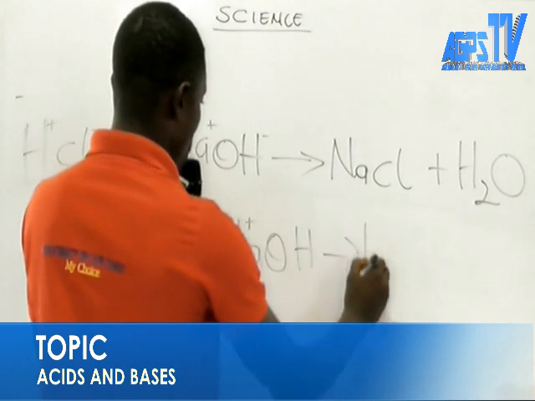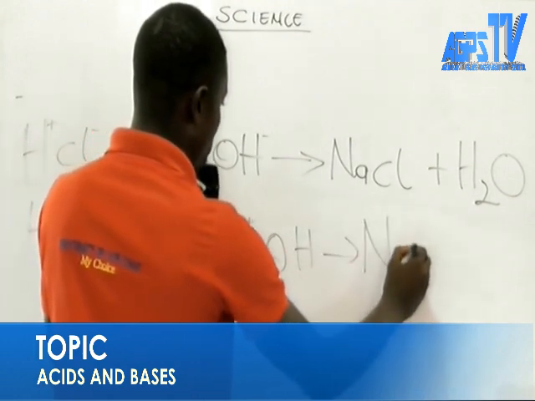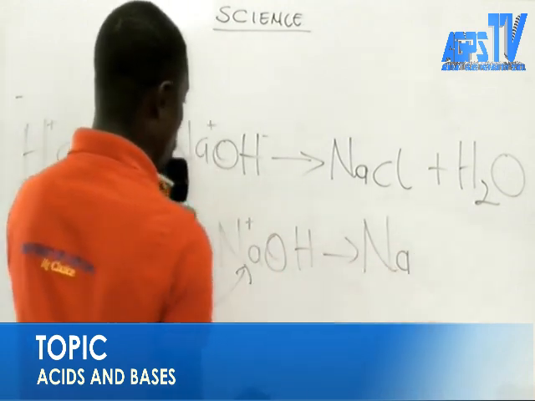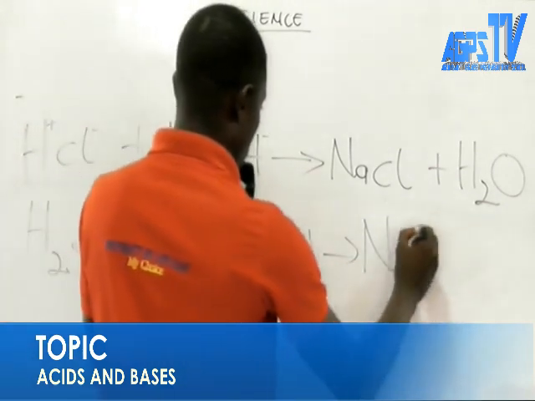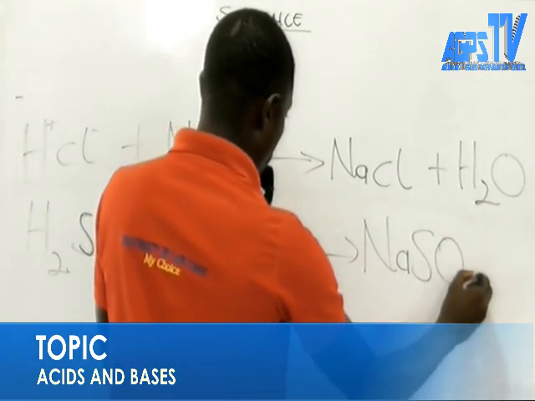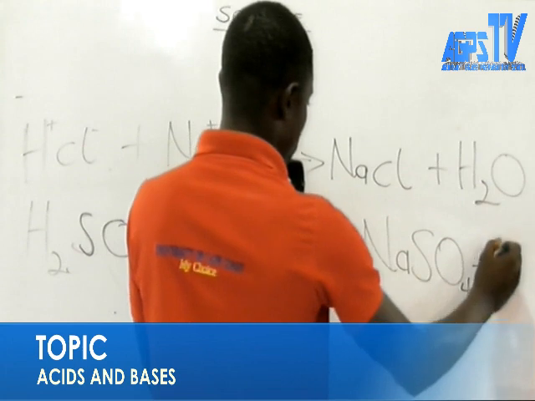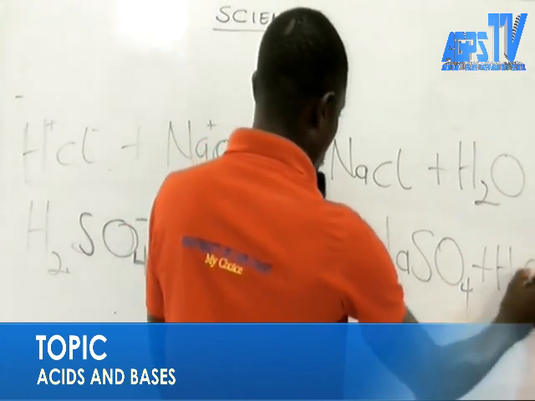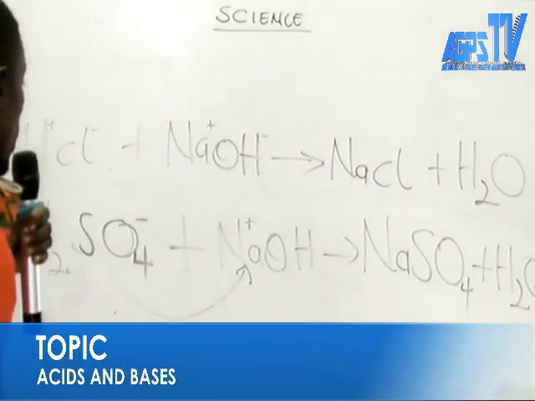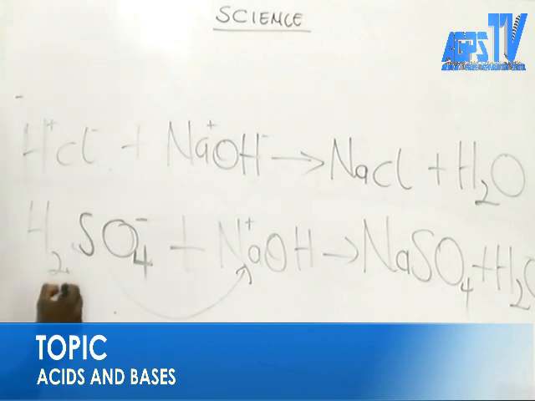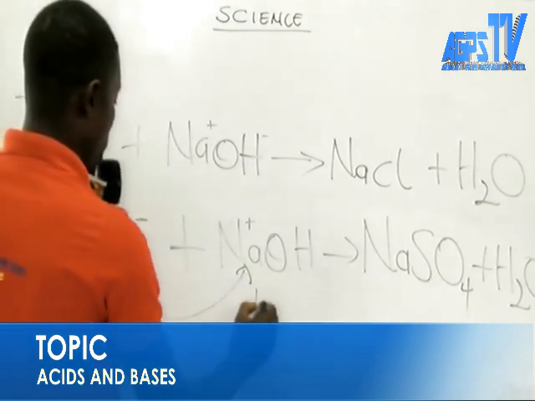So you write the name of the cation first, which is sodium, then SO4 plus H2O. Now, this is the acid, and this is the base.